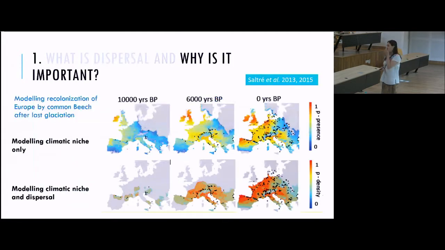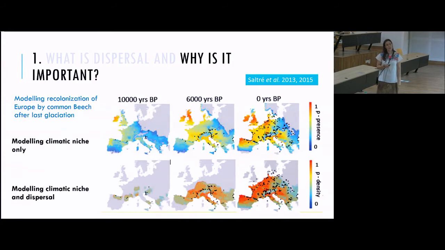So why is dispersal important? It's a bit less interesting in the context of this course because we discussed that already a lot. There are many different reasons. There are purely demographic reasons, like dispersal capacities are going to be limiting spread rates in many circumstances. This is just one example of modeling the recolonization of Europe by common beech after the last glaciation.